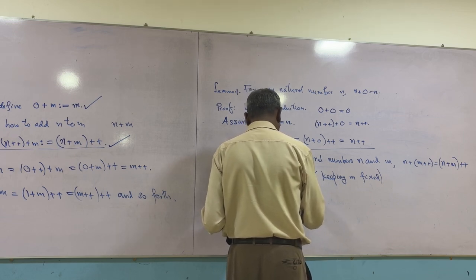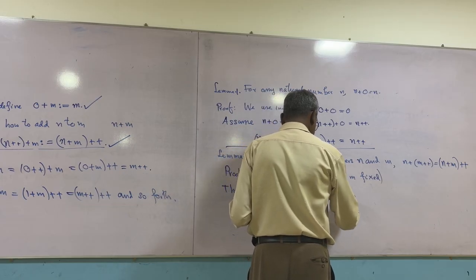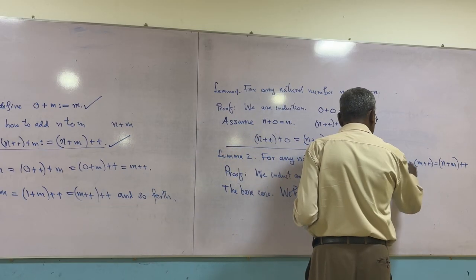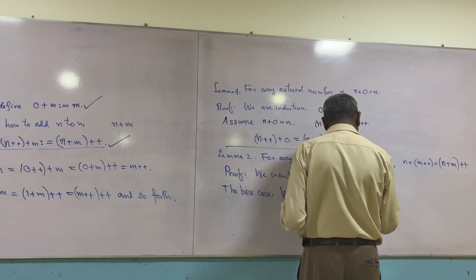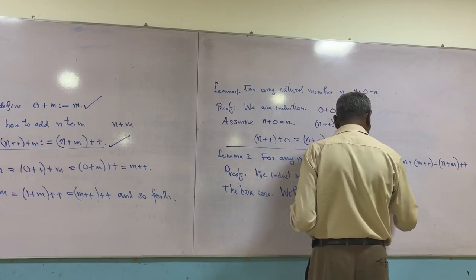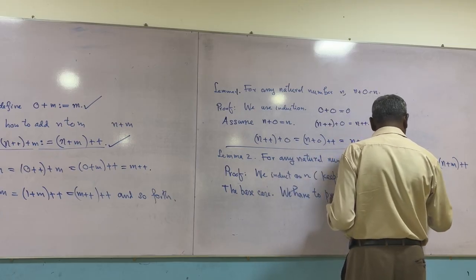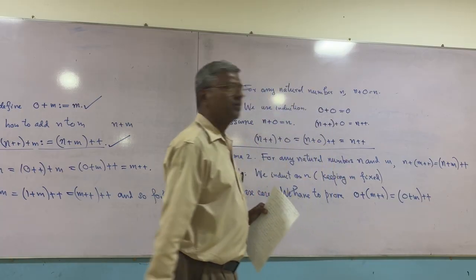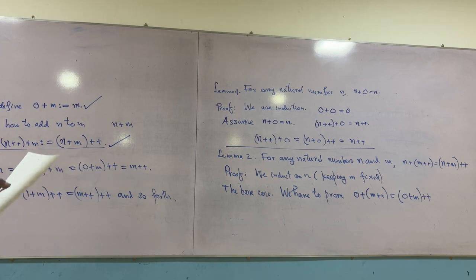I am not writing the complete proof, just important lines. We induct on n, so we have to prove 0 plus m plus plus is equal to 0 plus m plus plus. This is what we need to prove.